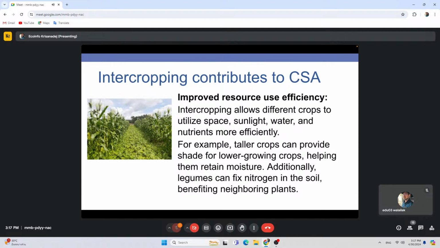So they help each other. If you plant legume here, not only does it help with soil moisture, but it also makes the soil nitrogen rich. So when you farm the legume, it helps with the corn production next year. Next slide, please.